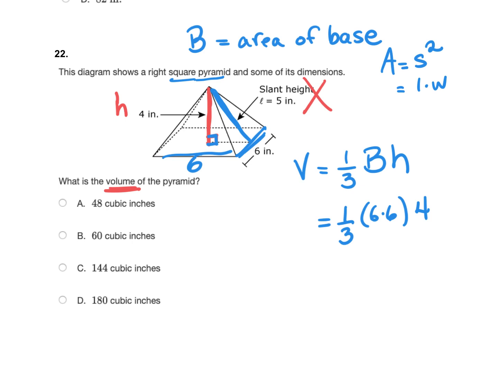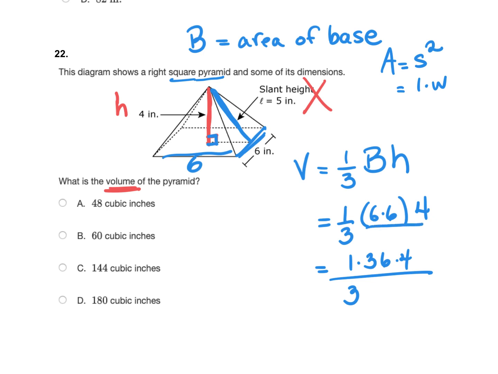Okay, so to calculate the volume, we're going to multiply our numbers straight across. Now, let's deal with the fraction last. So let's do 6 times 6, which is 36, times 4. You'll see why I wrote it that way in just a second, because I can separate.